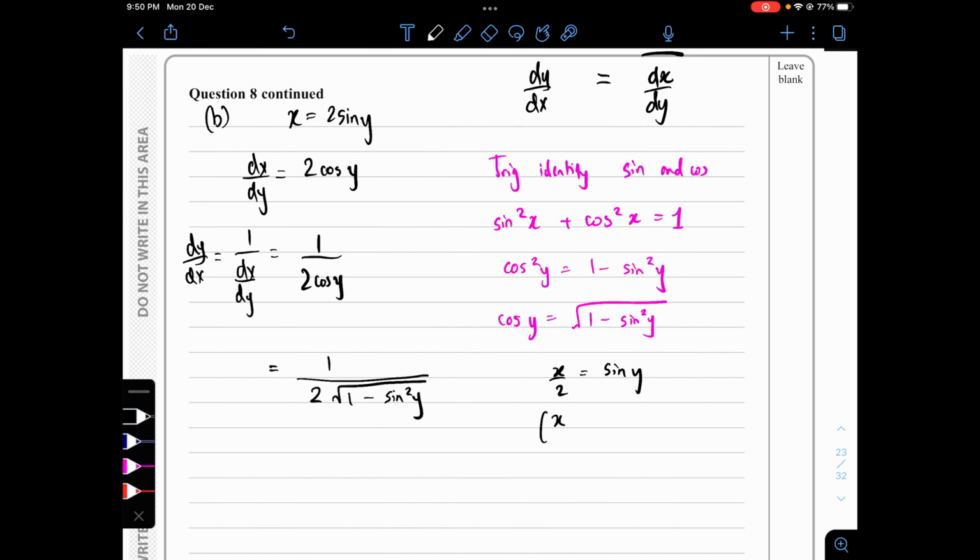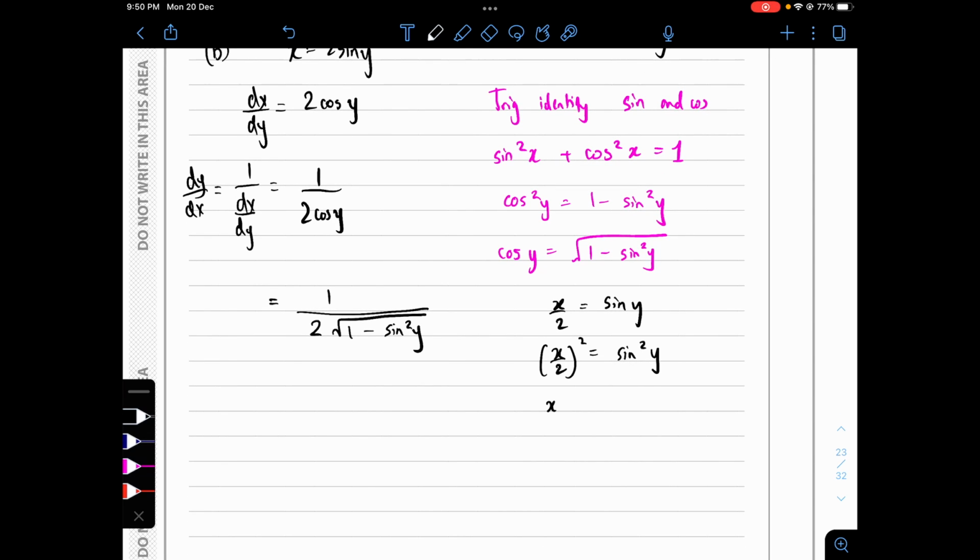So this whole thing squared will be sine squared y, so x squared over 4 equals sine squared y. We can now substitute this back into here, so that will be 1 over 2 root 1 minus x squared over 4.